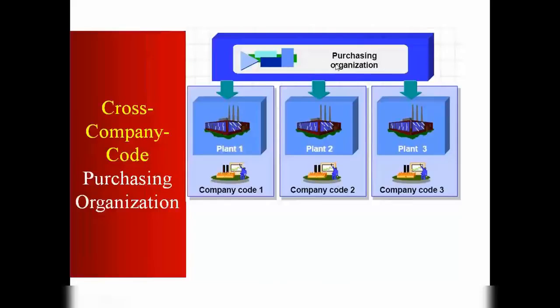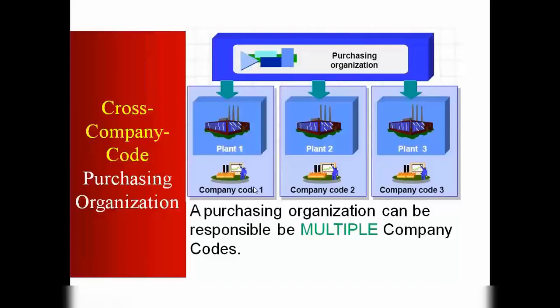Only one purchasing organization is responsible for all three, however those three belong to different company codes. So what it means is that a purchasing org can be responsible for multiple company codes, more than one company code, like this example.